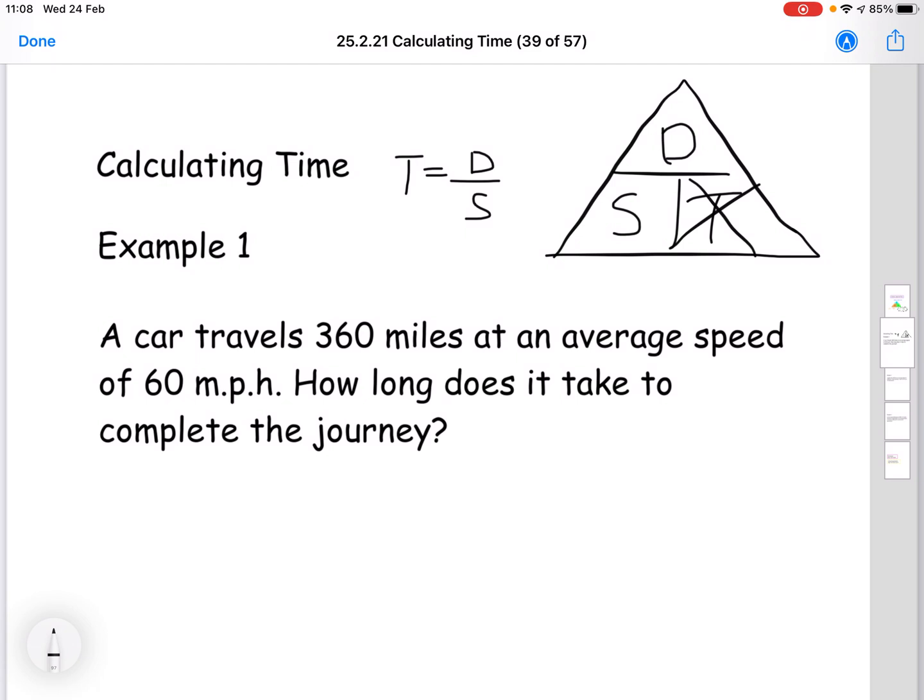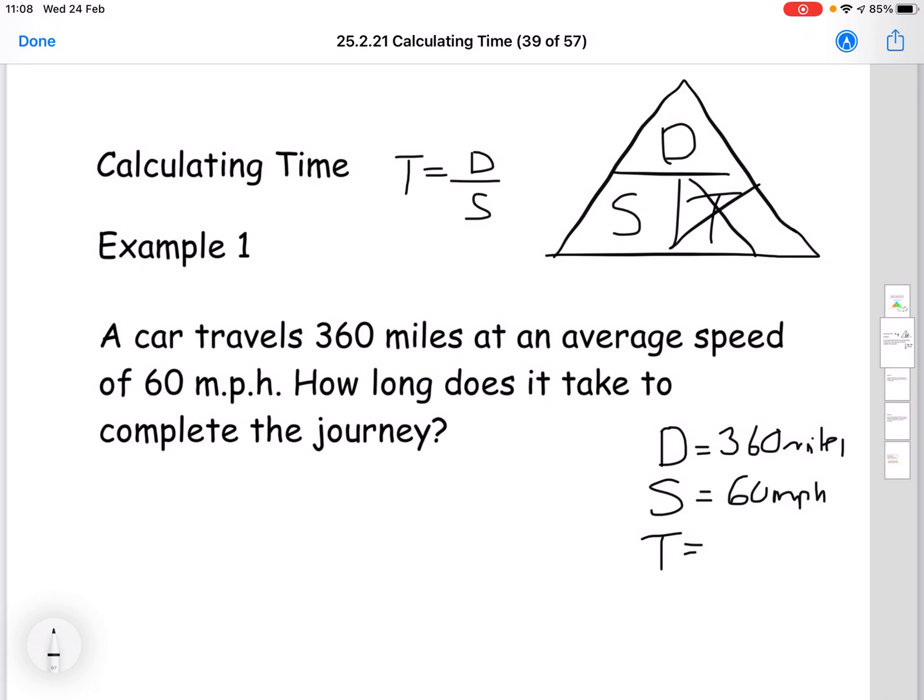So the first thing I was encouraging you to do with these questions is write out your three variables: distance, speed, and time. So in this question, the distance would be 360 miles, and your speed is 60 miles per hour.